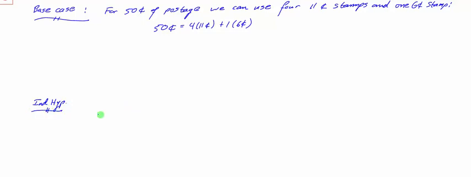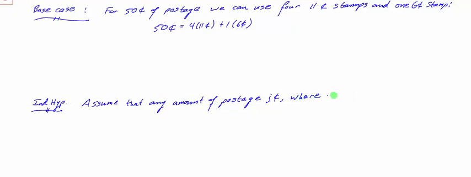And we're going to assume that, and in this case, we're going to state it, we'll have another variable j and the variable k. Assume that any amount of postage, j cents, where, and then in your induction hypothesis, you need to state the range, basically, where j is greater than or equal to 50, less than or equal to k.